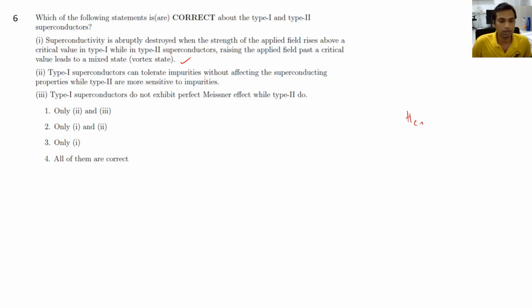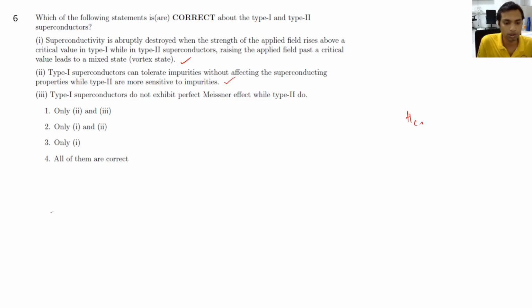The type 1 superconductors can tolerate impurities without affecting the superconductivity. This is true, while type 2 are more sensitive to the impurities. So this is also true. Type 1 superconductors do not exhibit perfect Meissner effect, while type 2 do. So this statement is false.